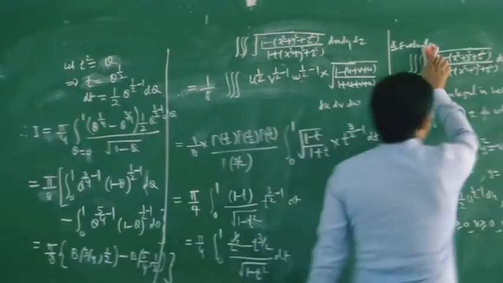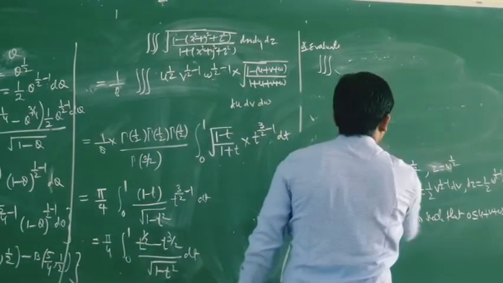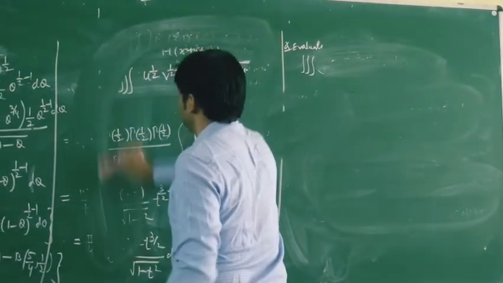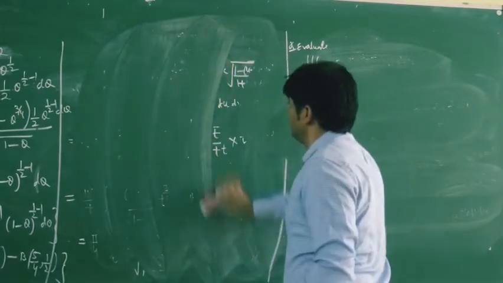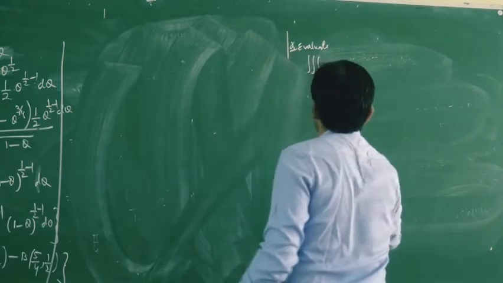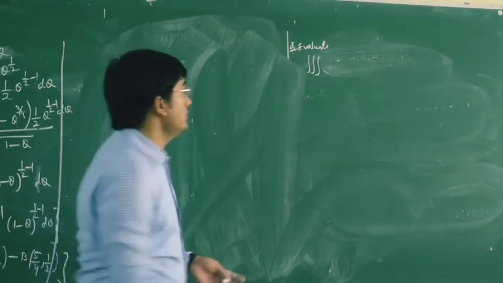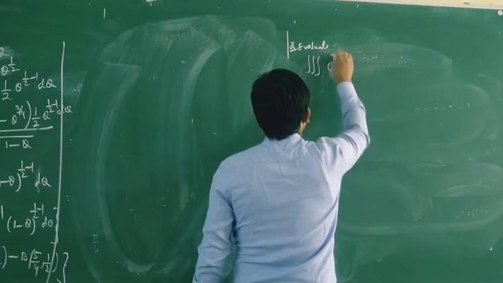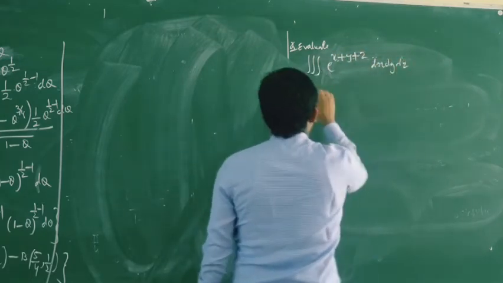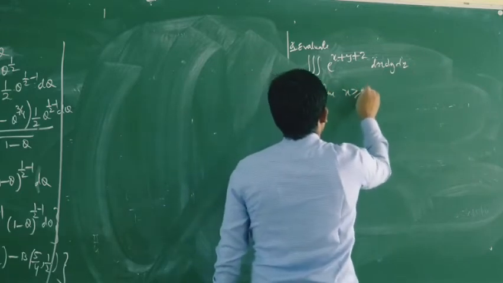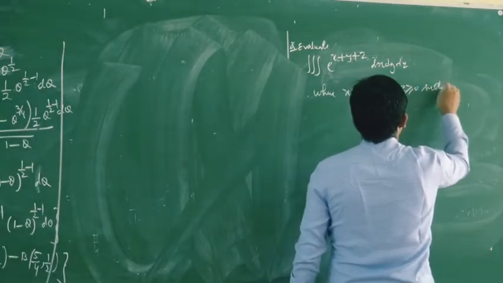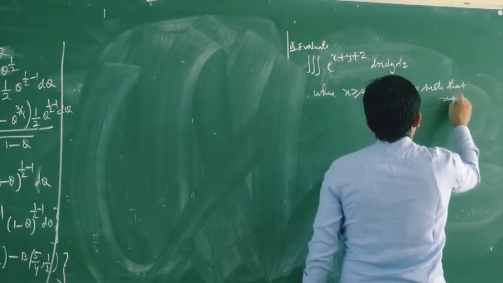Next question is, evaluate the triple integral in the next question, where x is positive, y is positive, z is positive, such that x plus y plus z is less than 1.